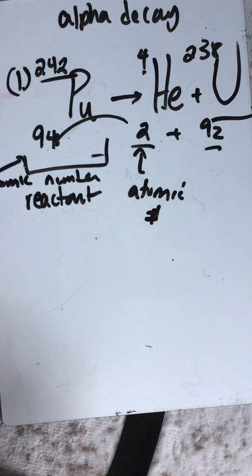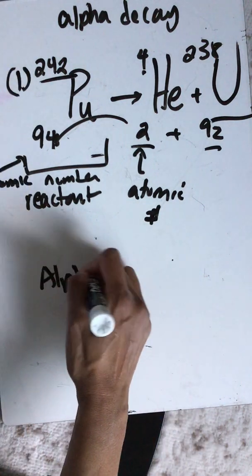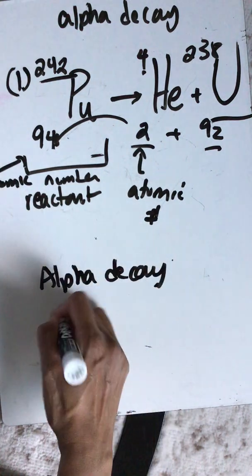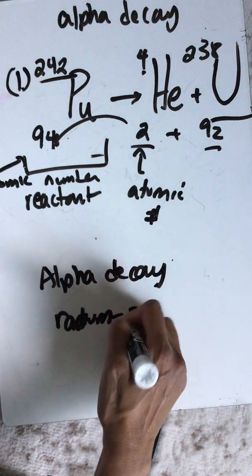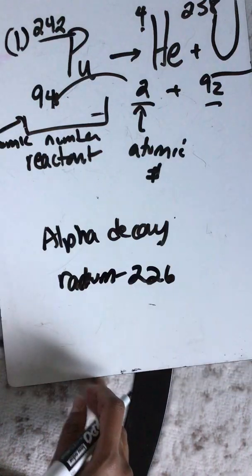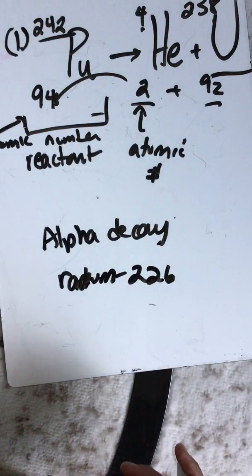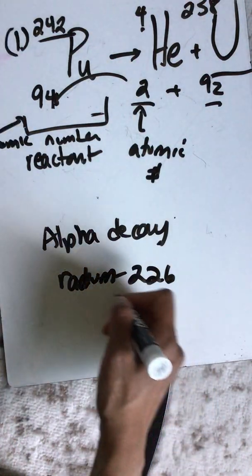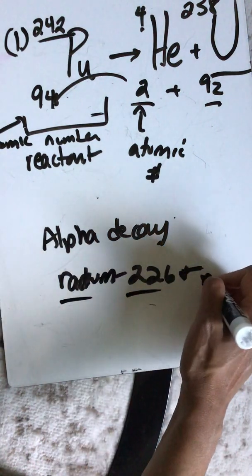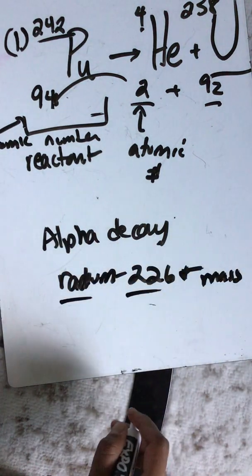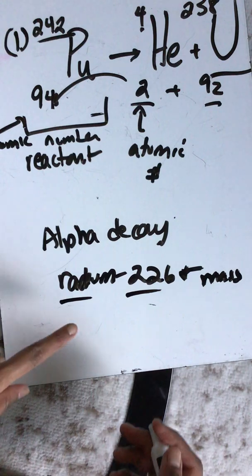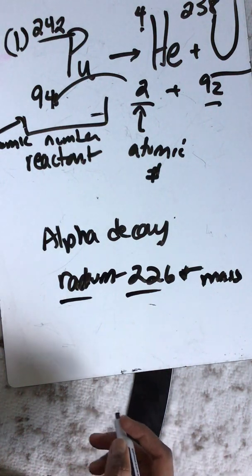It says, do the alpha decay of radium 226. Okay, so for radium 226, this 226 refers to mass. This number at the back, if you write it out like that, refers to mass. So you take a look at radium.